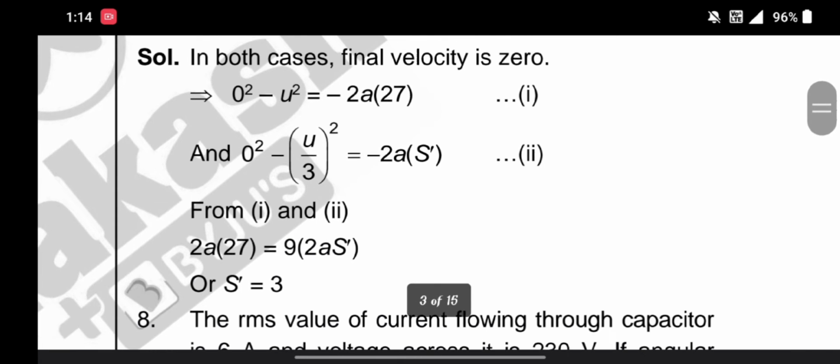So 0 to the power 2 minus u to the power 2 is equal to minus 2a into 27 for the first one. Again, 0 to the power 2 minus u by 3 whole square is equal to minus 2a into s, where we take 1 as u.